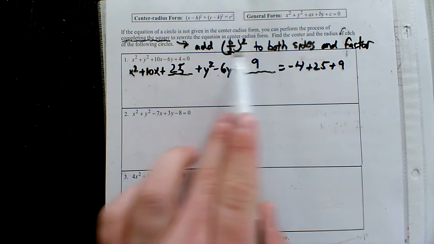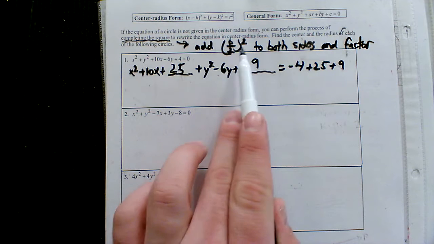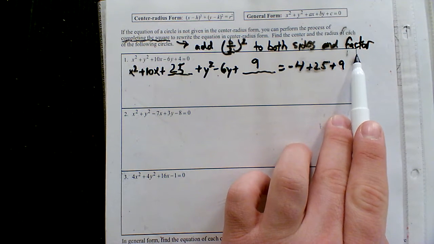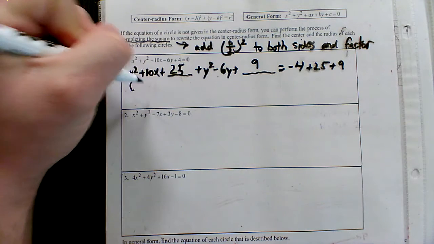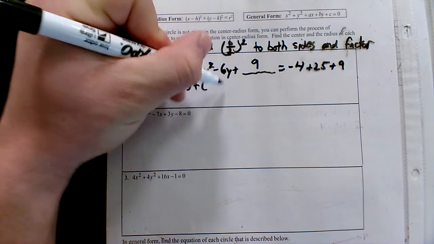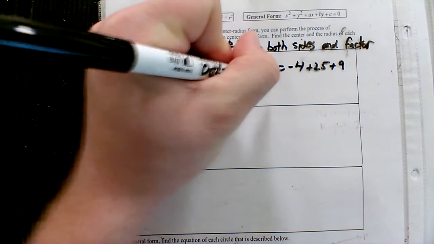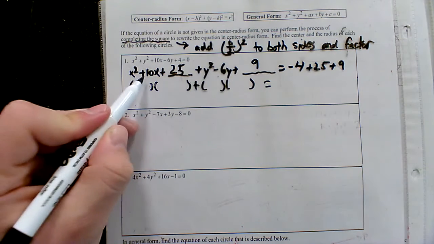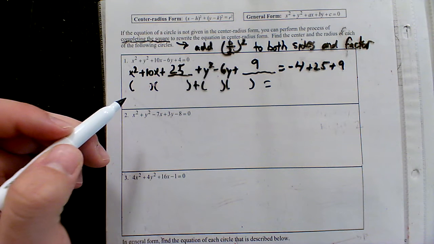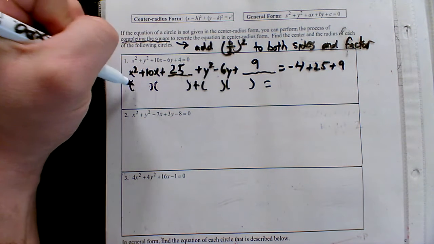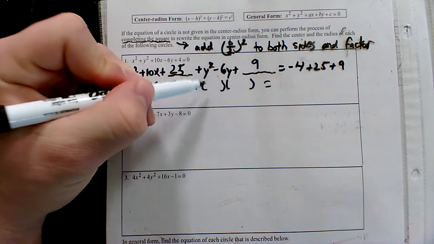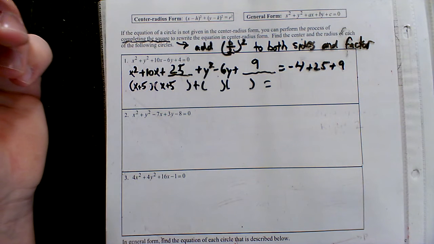So that's the first step. But it says after you add this to both sides, you do what? We need to try to factor this now. The first, for the x's, that factors to what? x plus 5, x plus 5. The y's factor to what?